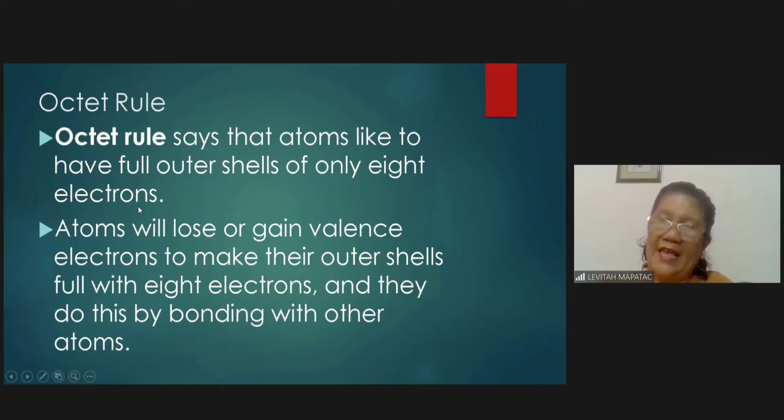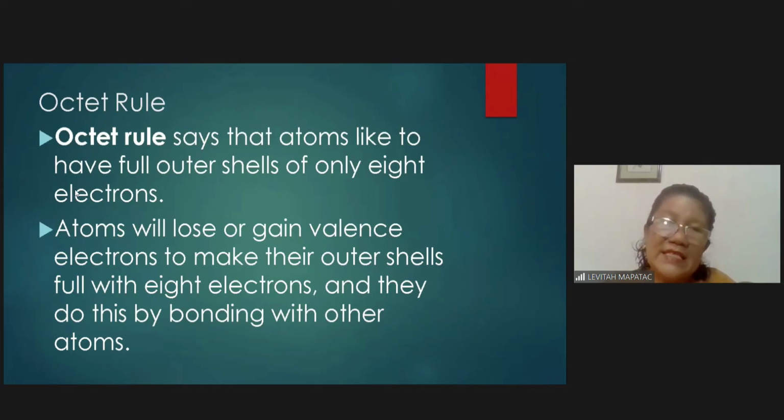Group 8A are known as noble gases. What is a noble gas? These are inert, meaning they are not interactive. Why? Because they have complete electrons in their outermost shell. That is why it is called the octet rule.